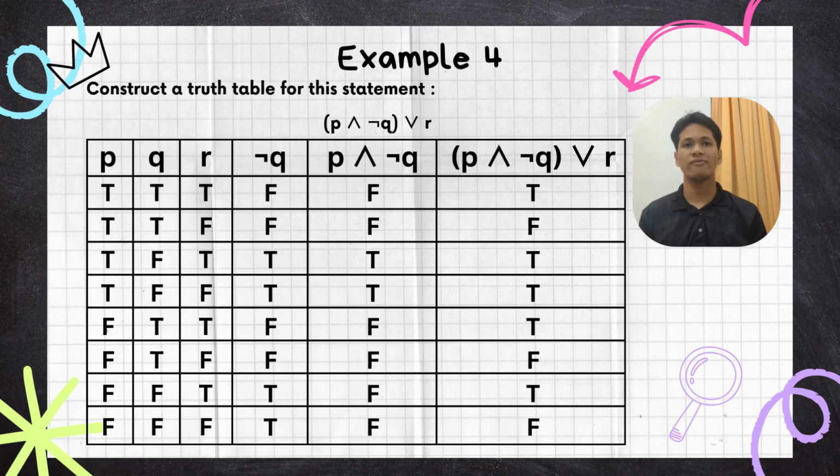Then, we combine the first statement with the negated second statement and decide whether that part is true or false. After that, we combine this result with the third statement to obtain the truth value of the entire statement. The final column of the truth table shows the overall truth value of the given statement for each possible case.